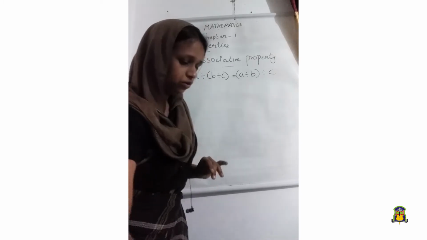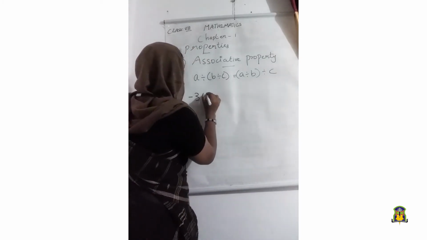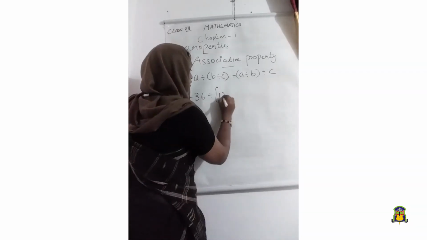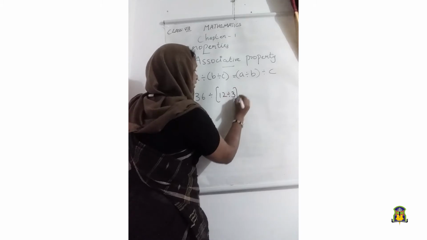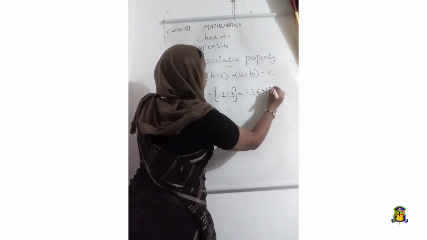The example: negative 36 divided by 12 divided by 3 is equal to negative 36 divided by 12.